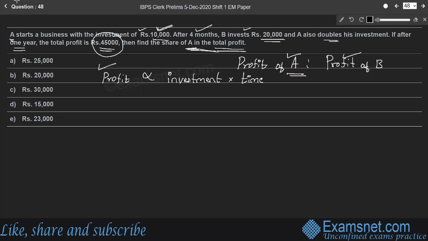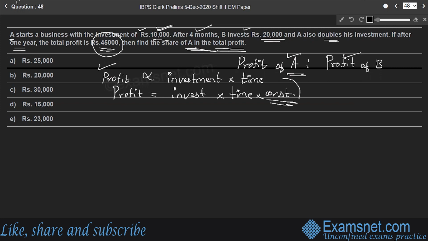Therefore, we can write profit is directly proportional to investment into time. Therefore, profit is equal to investment into time into some constant. Right? If this constant is 1, then profit becomes investment into time.